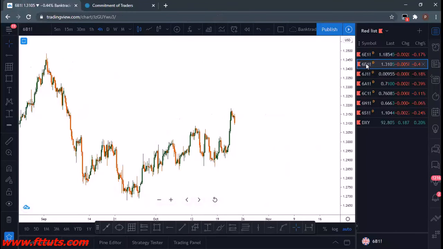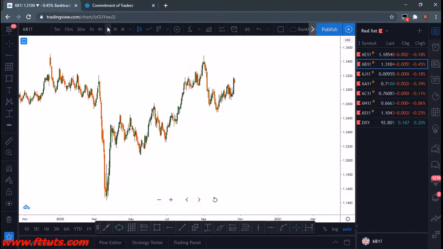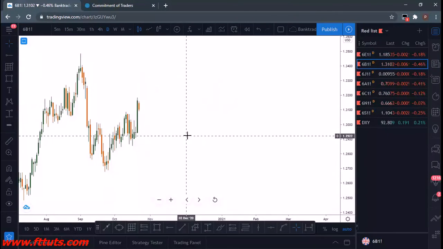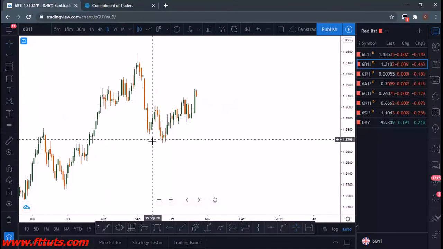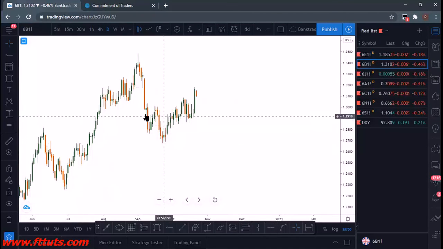Yeah, the pound futures. Daily area. A nice drop here, but price picked up.